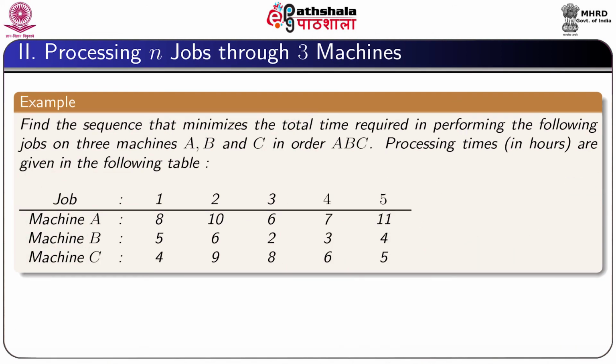Now, let us take an example and see how this algorithm works. Find the sequence that minimizes the total time required in performing the following jobs on 3 machines in the order A, B, C. Processing times in hours are given in the following table.